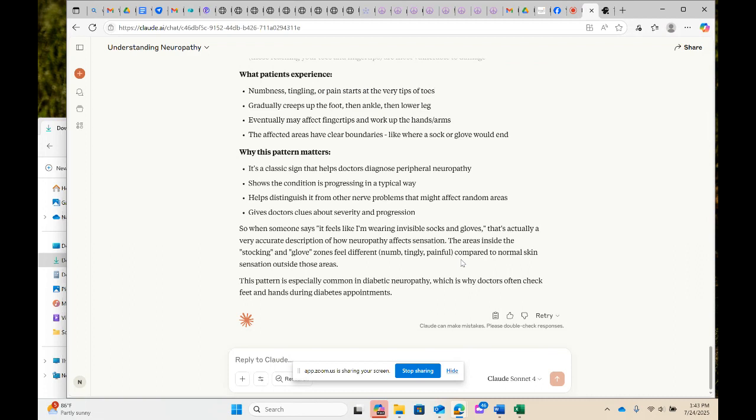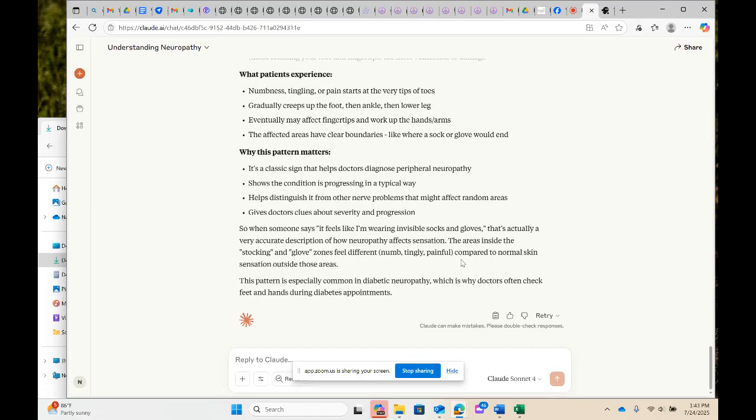That's interesting. Have you ever felt like you were wearing invisible socks or gloves? Did you know that blah, blah, blah? The areas inside the stocking and glove zones feel different, numb, tingly, and painful, compared to normal skin sensation outside of those areas. All of this would be such cool generative AI video.